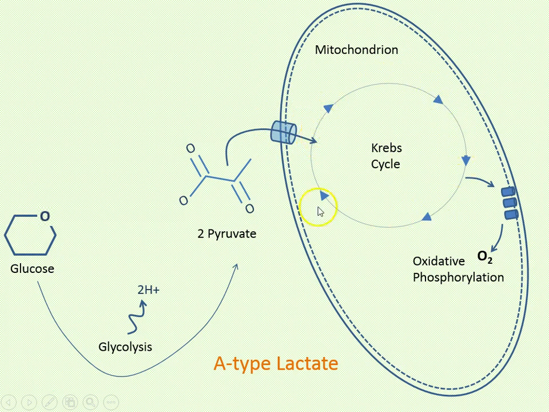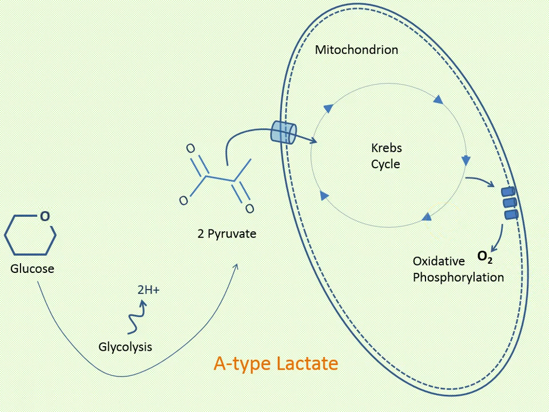In the Krebs cycle, it spins around, you pull off reducing equivalents, NADH, NADPH, and the protons and the electrons are fed into oxidative phosphorylation, and oxygen acts as the terminal electron acceptor. It gets turned into water, and protons are pumped into the inner mitochondrial membrane to drive ATP synthesis. So we all remember this, right?